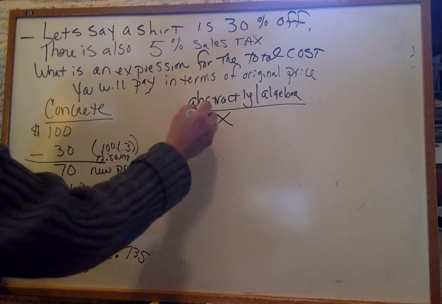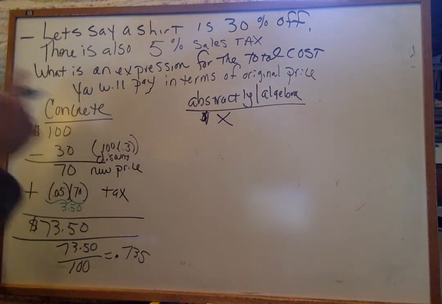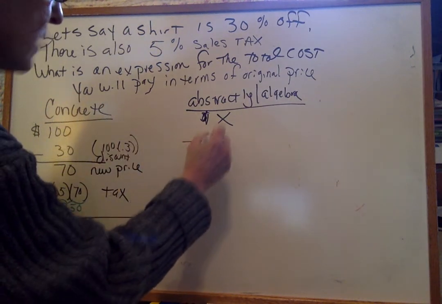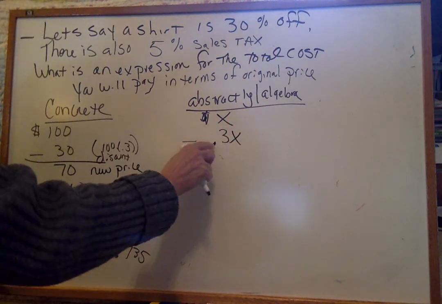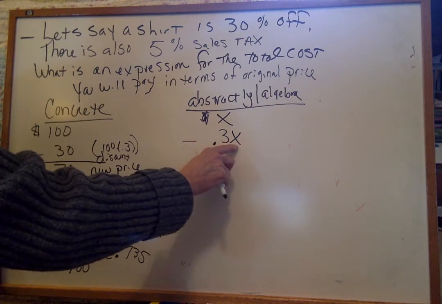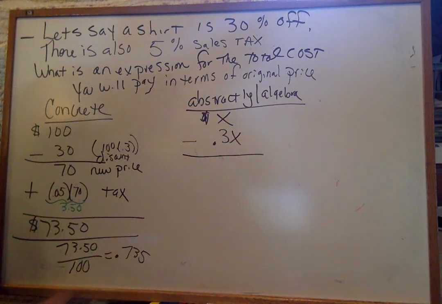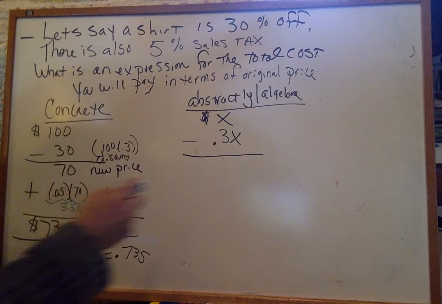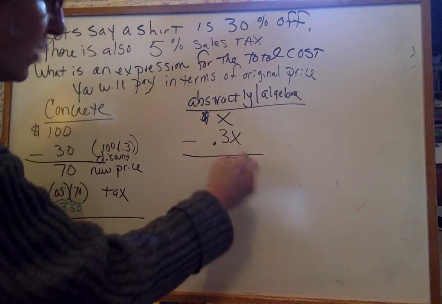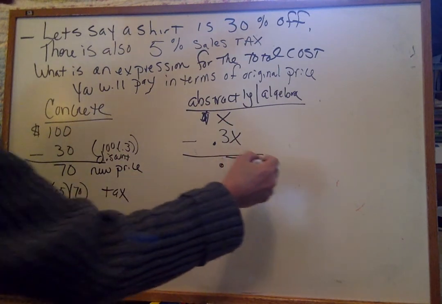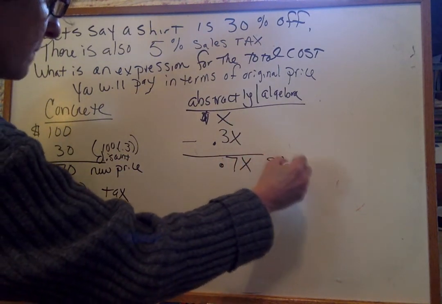Now this beginning part is just like we did earlier. We have to subtract off the discount, which would be 30% of the price. 1x minus 0.3x, we did that earlier, gives us our 0.7x. So that's our sale price.